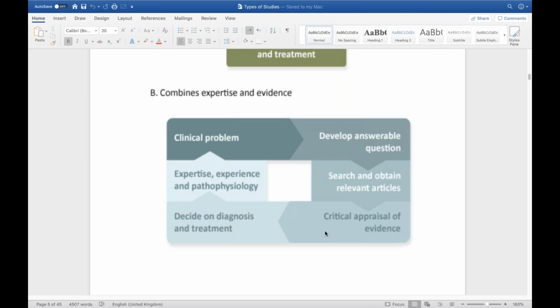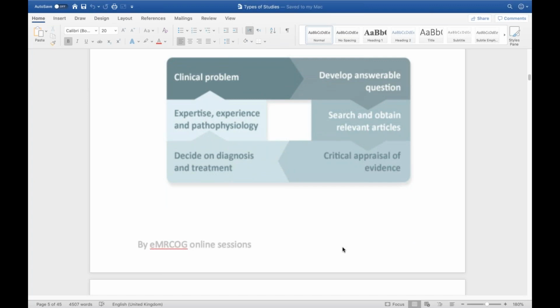In your critical appraisal, you have to decide if this specific piece of research is suitable for your patient or not. We will come to this when we discuss appraising the paper, where I'll speak about the validity of the research.